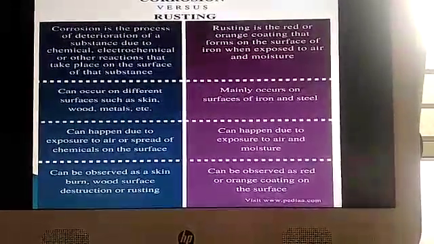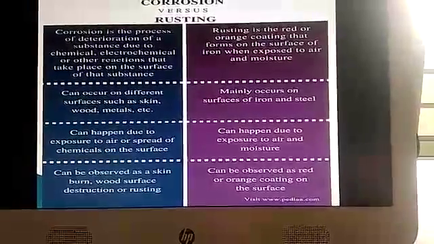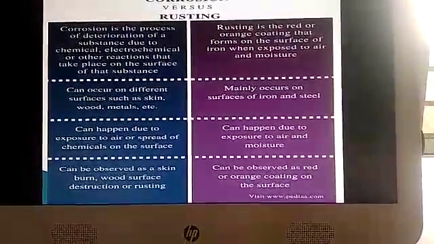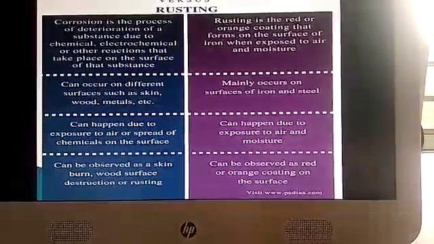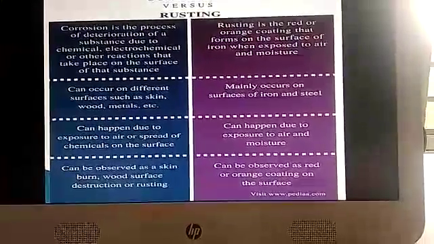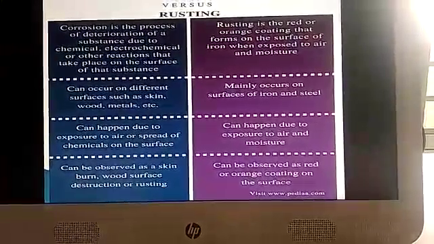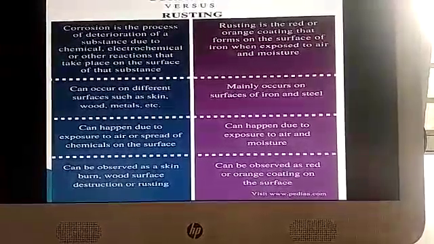Rusting can happen due to exposure to air and moisture. Corrosion can be observed as a skin burn, wood surface destruction or rusting. Rusting can be observed as a red or orange coating on the surface.